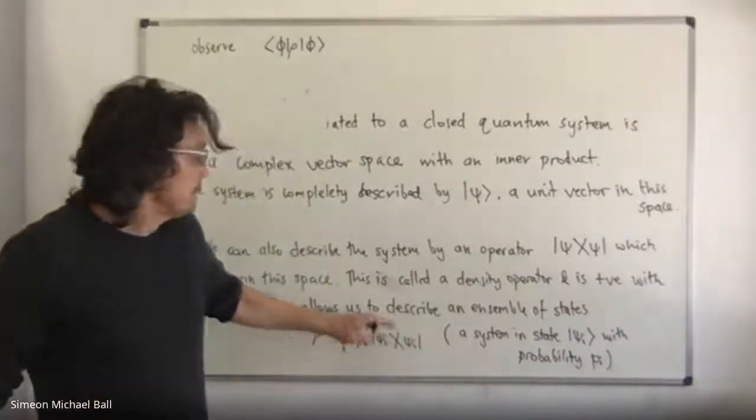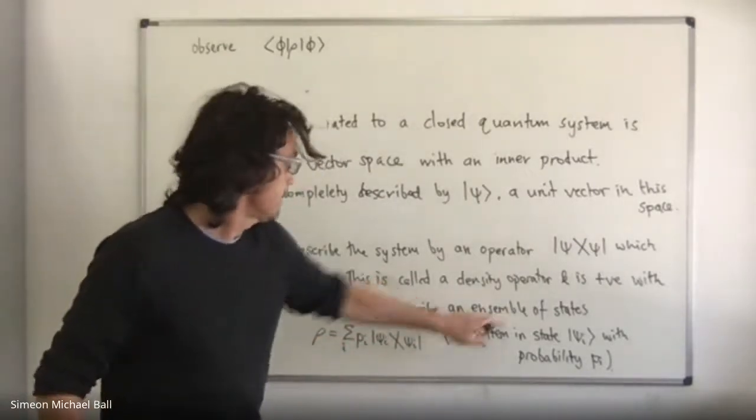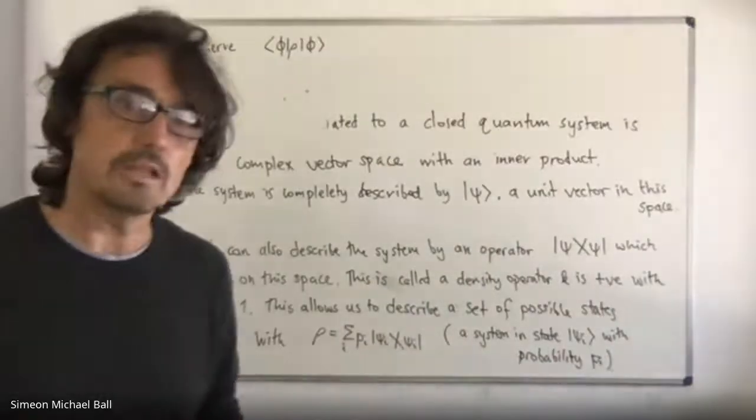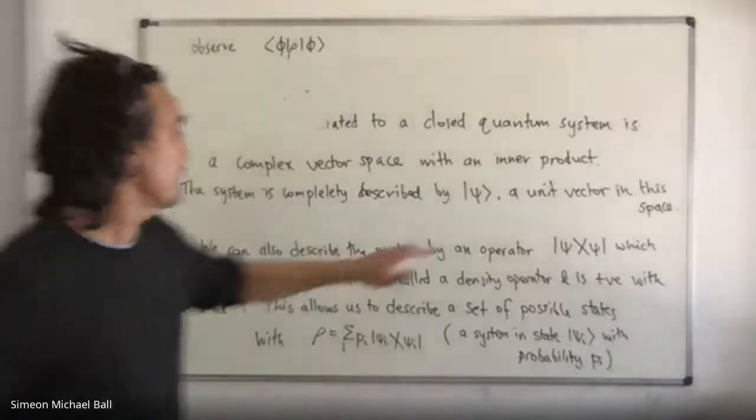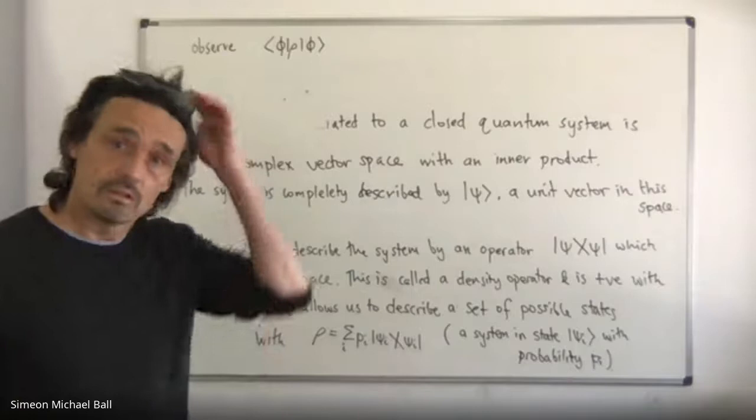Here I'm just saying, well, maybe we don't know what the state is, but we can describe a set of possible states. So the system is described by a set, but maybe we don't know what it is. Maybe we're not sure.